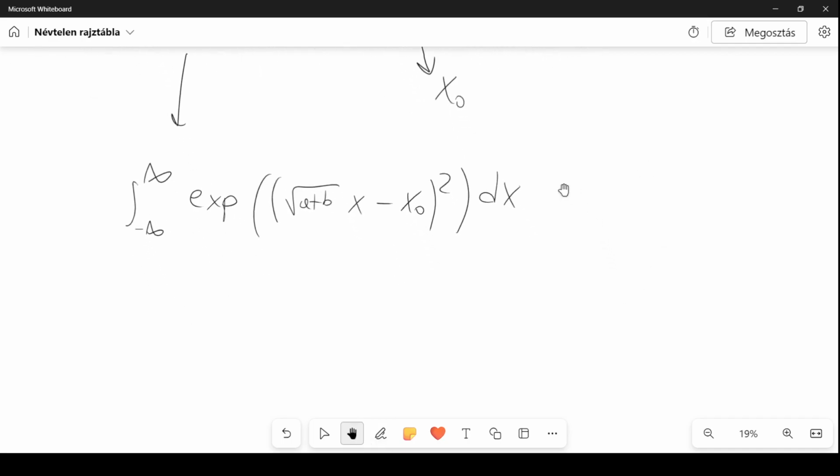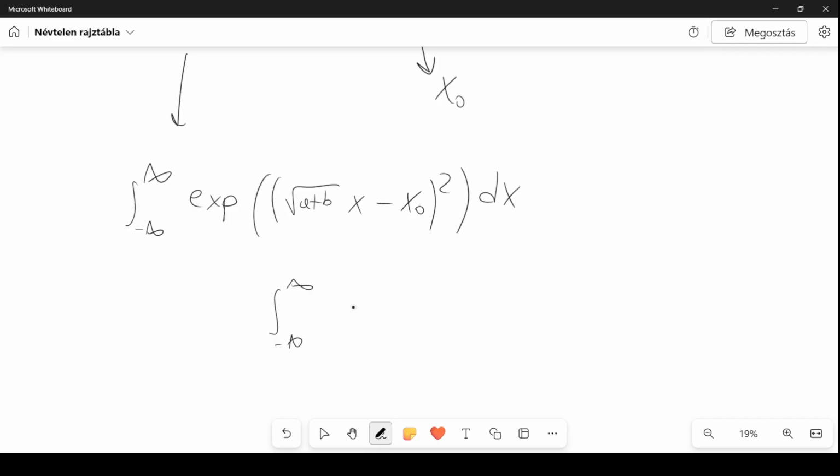Now, when we have such a Gaussian integral, and we integrate it from minus infinity to plus infinity, the shift due to the mean value does not give any contribution to the integral. It's quite easy to show. So if you want, you can also set it to 0 if you prefer, because it will give us no contribution.